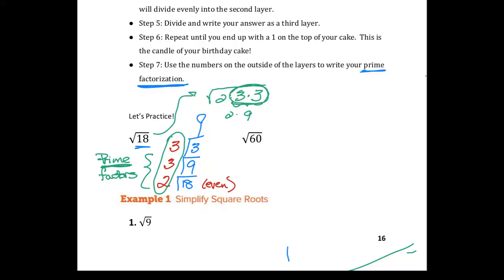We are going to kick that out on the outside. And so our final answer, we only take one of those 3 because it's a perfect square, is 3. 2 doesn't have a perfect square or another partner with it. So times the square root of 2. And that is your final answer.